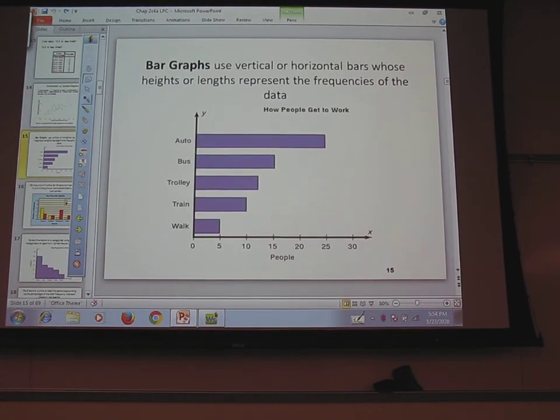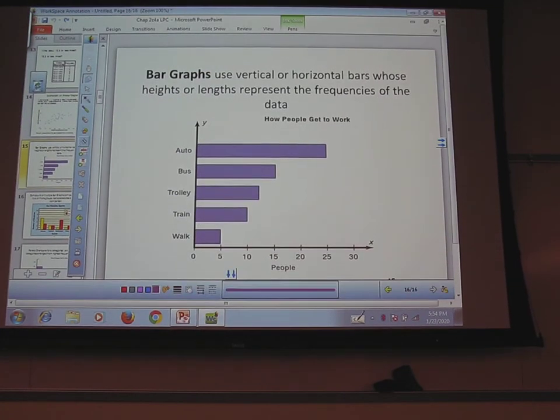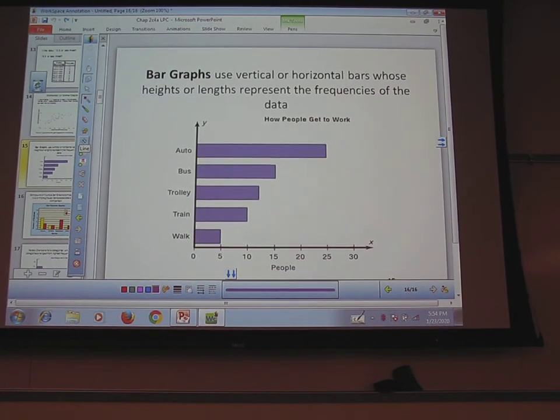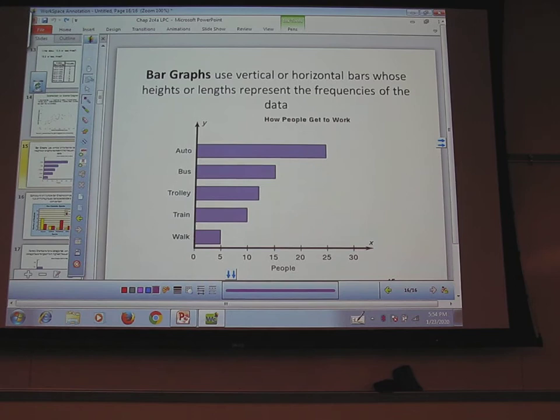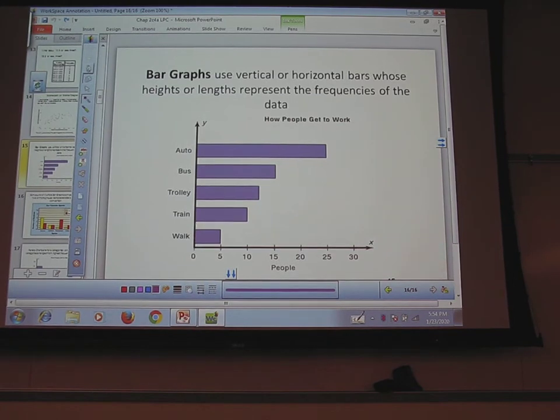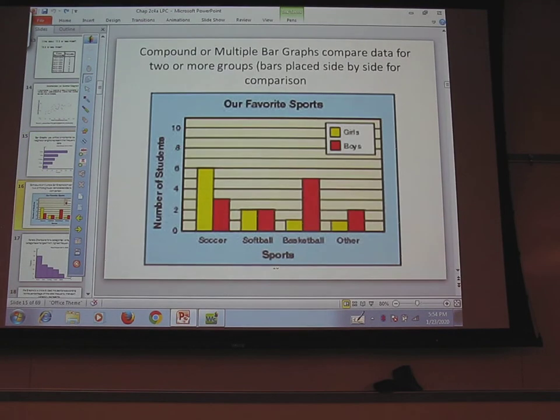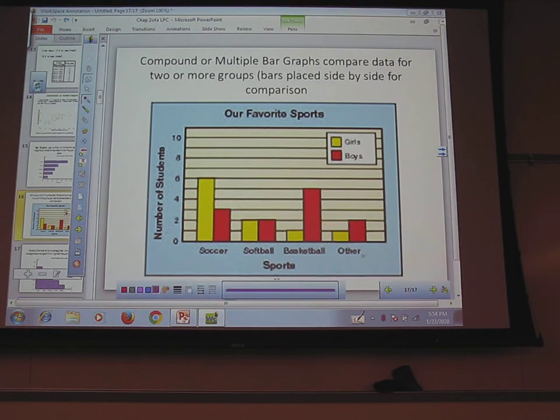Bar graphs use vertical bars or horizontal bars whose heights or lengths represent the frequency. A histogram is one example of a bar graph that always goes up, right? And has numbers along the bottom. Here's another histogram, and you can have a multi-histogram.